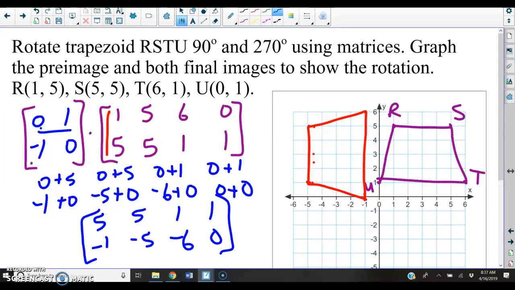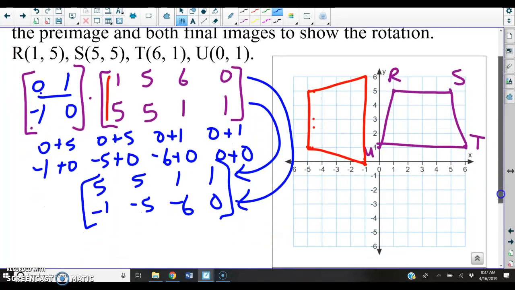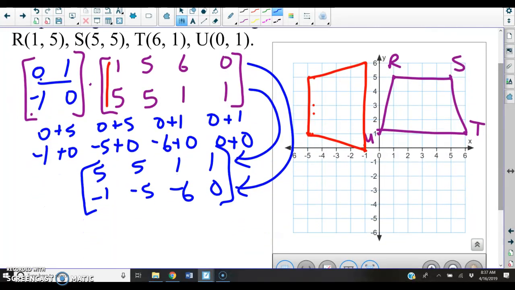Okay, I should have compared before, but look what happened to the rows in our matrix. Take a look at what happened there. Okay, but let's graph that real quick. So we got 5, -1, 5, -5, 1, -6, 1, 0.